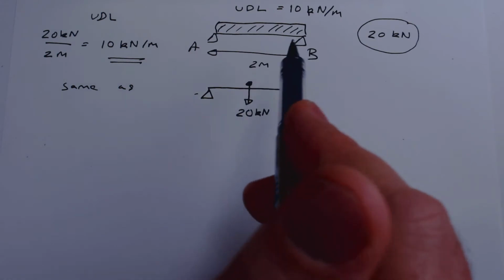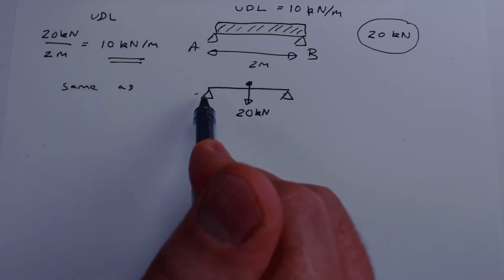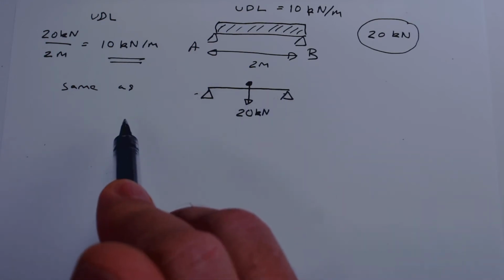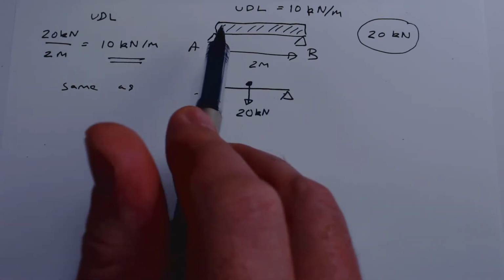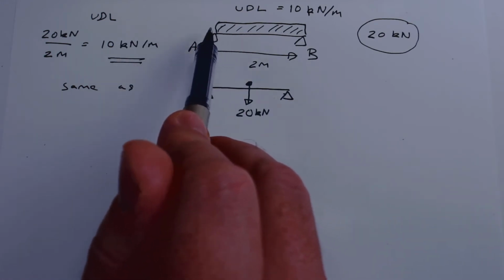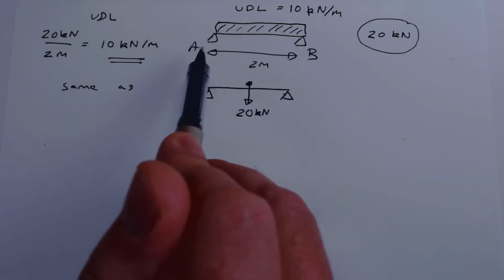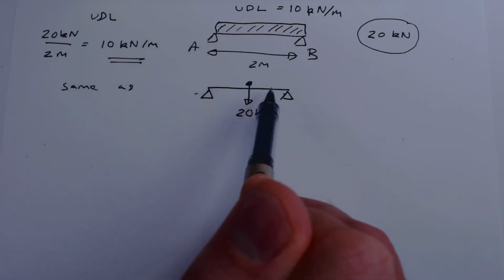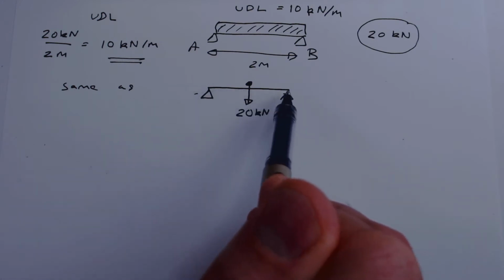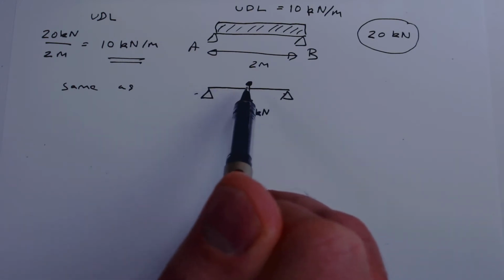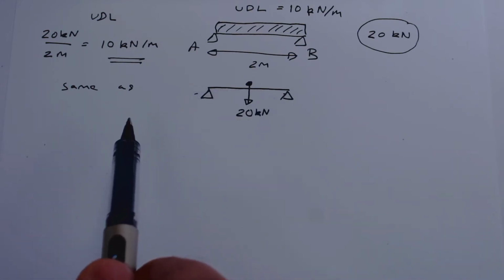Okay, so as far as these two pivots here are seeing, these two supports, for them they see no difference between this thing here pushing down on them or a concentrated load with a rigid beam here pushing down on them. To them it's the same.